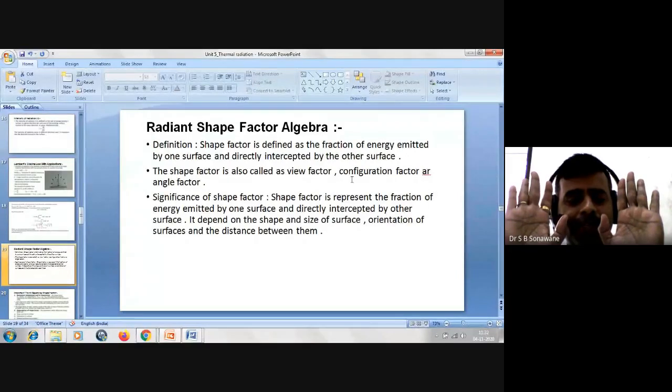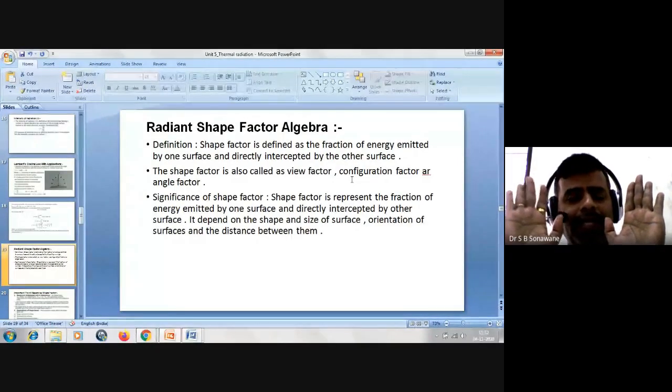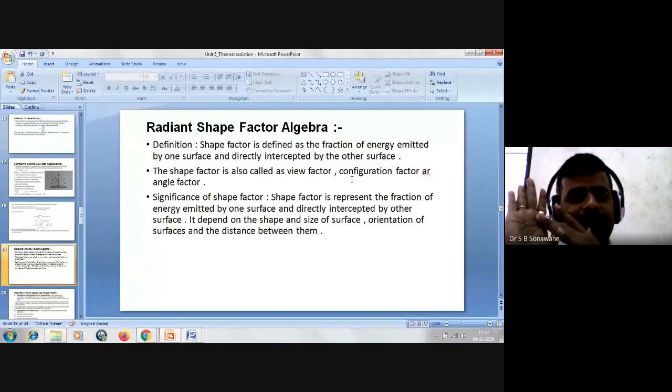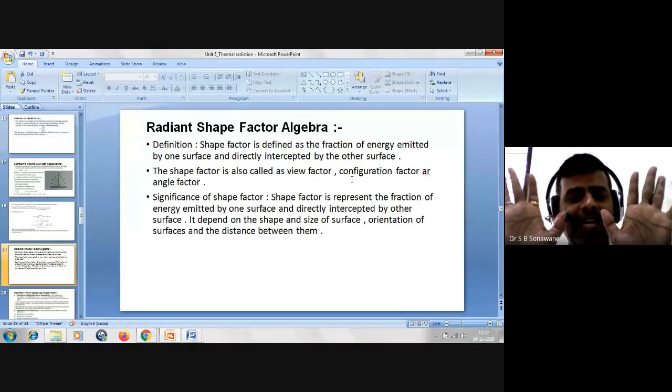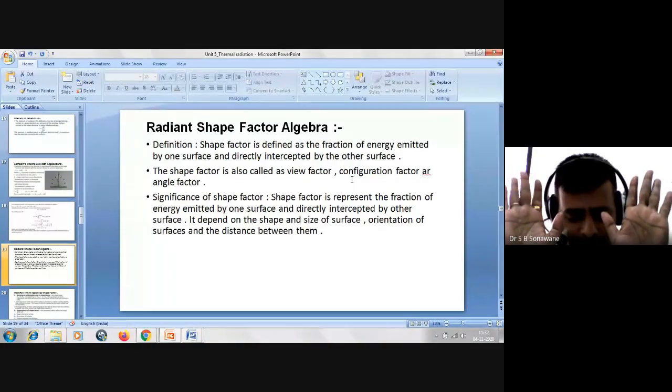That is kept in one plane, and at that time I told that the shape factor for these two surfaces is basically 0. Why is it 0? Because these are kept in the same plane. Whatever radiation is emitted by this particular surface will not be intercepted by the other surface, since it is arranged in a single plane.